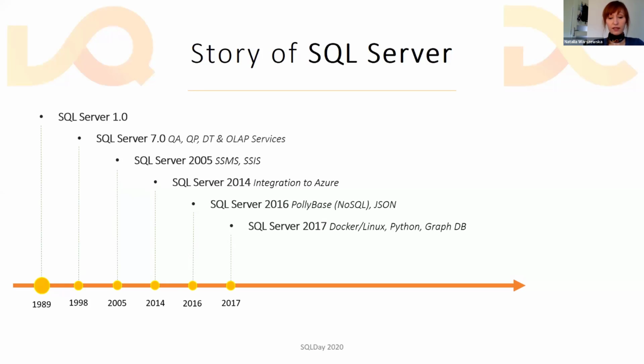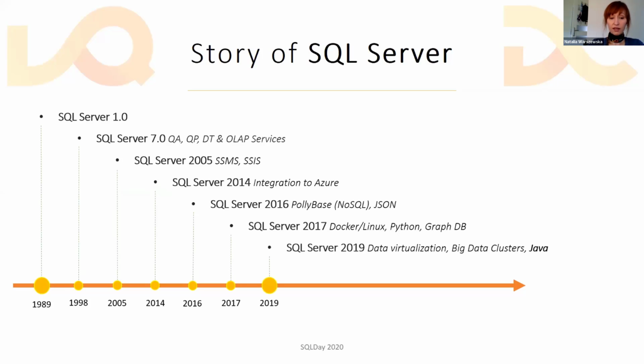Since 2017, SQL Server can be installed on Linux and Docker, which is quite a huge thing. It's not only Windows. This version, in addition to Docker and Linux support, includes Python support, so also another language extension.